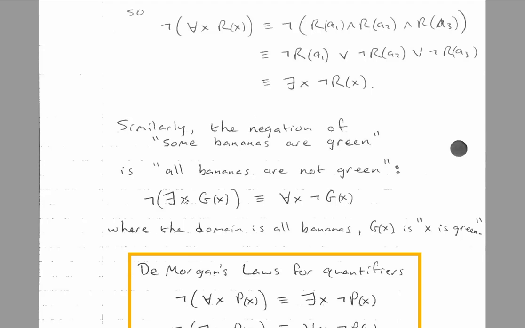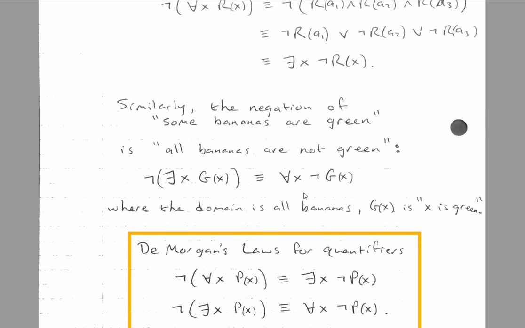Okay, so here it is in the logic. So negating there exists a banana that's green is equivalent to saying all bananas are not green. Maybe they're all yellow.